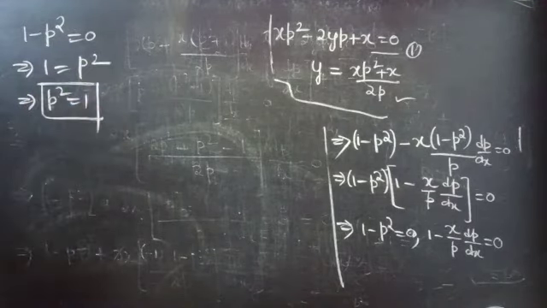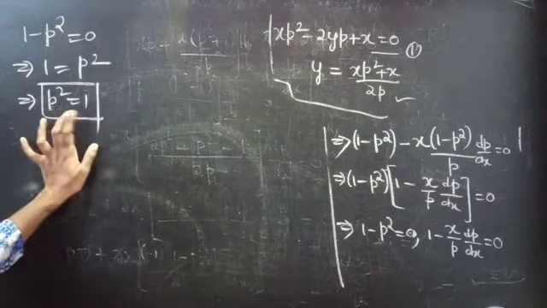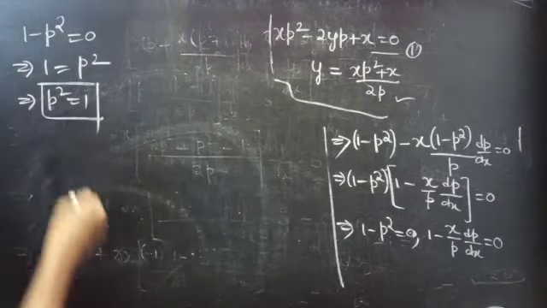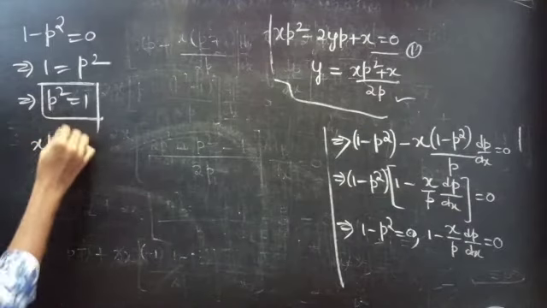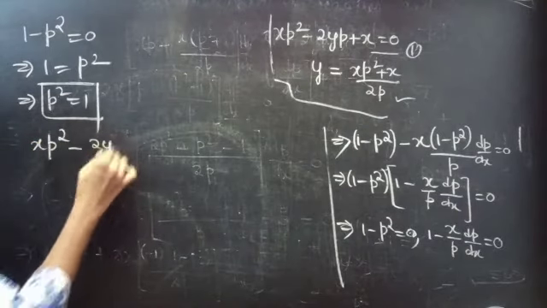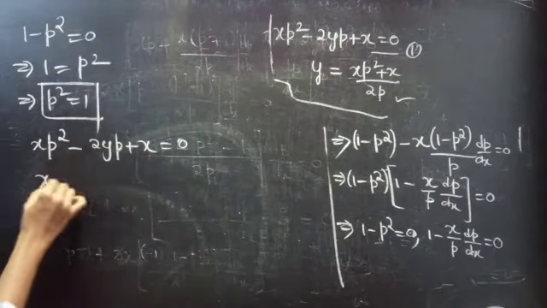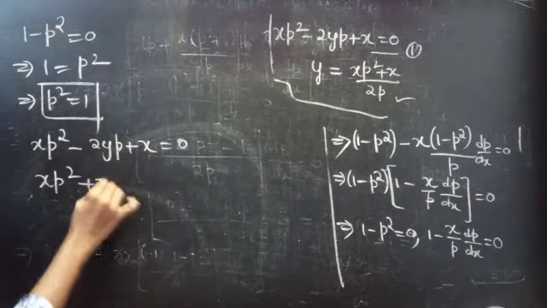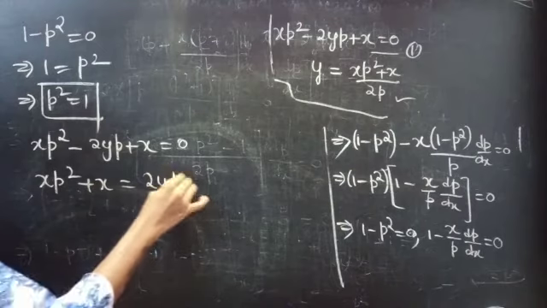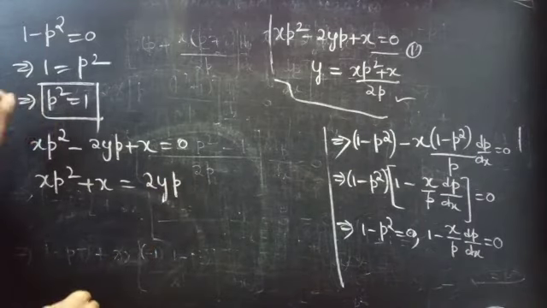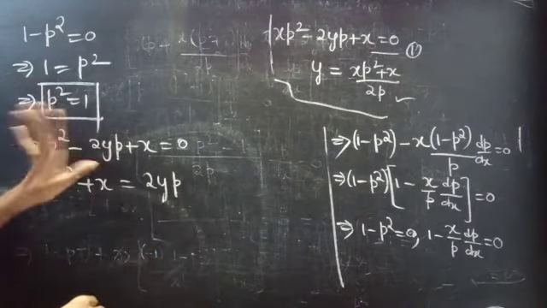Okay. What we'll do is simply substitute p square equals 1 in equation 1. So let's consider equation 1: xp square minus 2yp plus x equals 0. You can write this as xp square plus x equals 2yp. You have p square here, and we can substitute the p square value, not p.